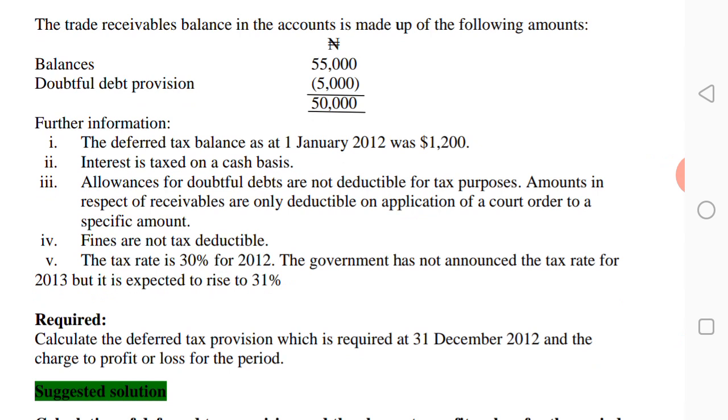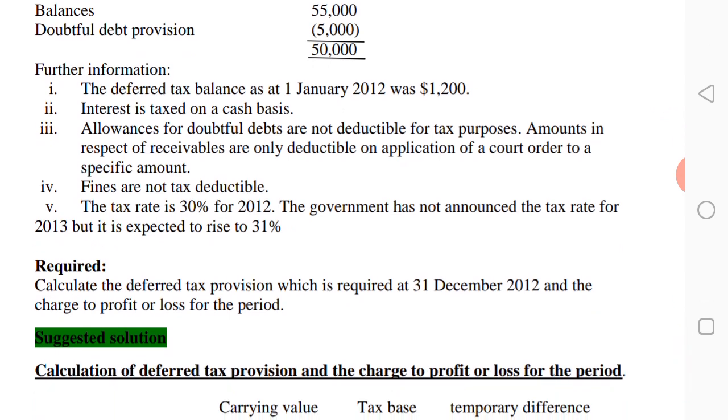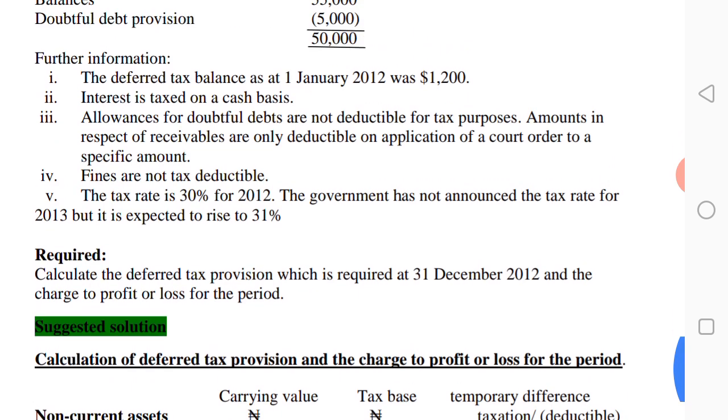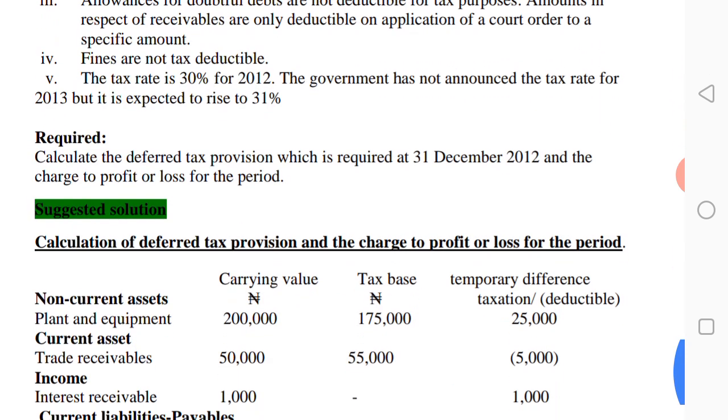So fines is not an allowable expense at all. It will not warrant a temporary difference, as it is something that we deduct in our accounting, but the tax authority said they will not deduct it. Never, not in the future and not now. That means it does not warrant a temporary difference. So let's look at the solution to this illustration.